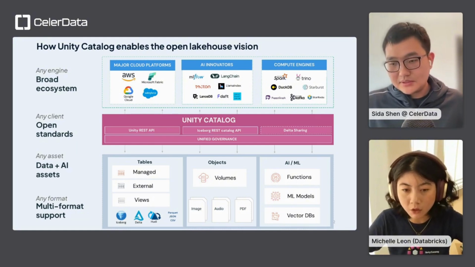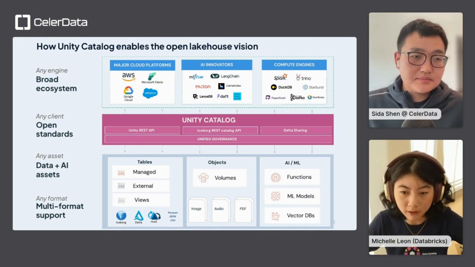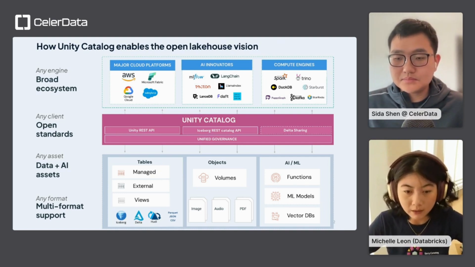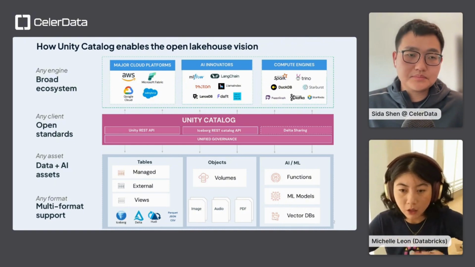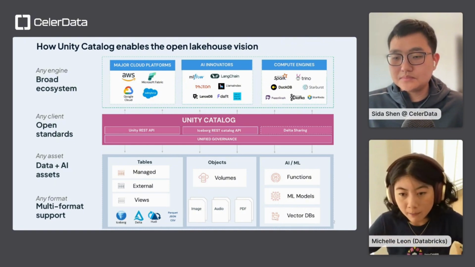There's so much rich ground there that we have barely scratched the surface of. Unity Catalog is one of the first open catalogs that really provides Unity REST APIs across all of these objects.